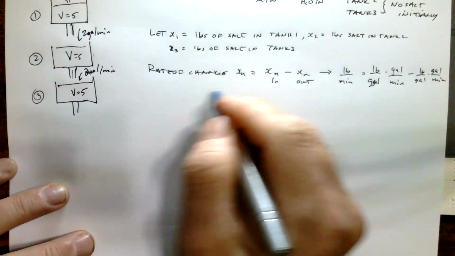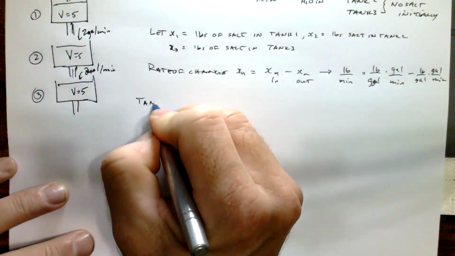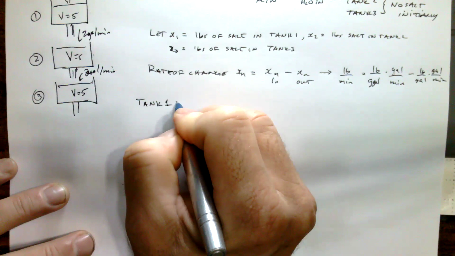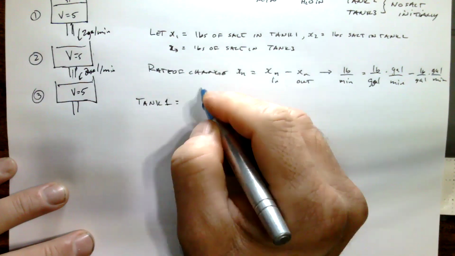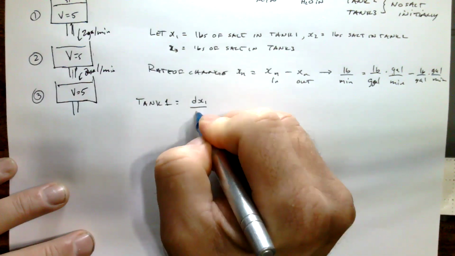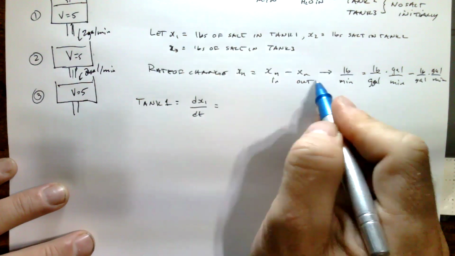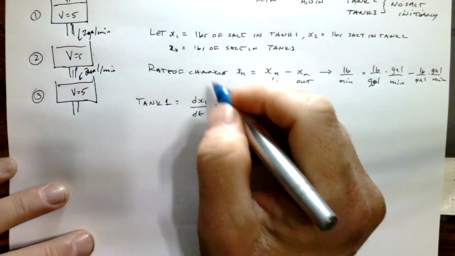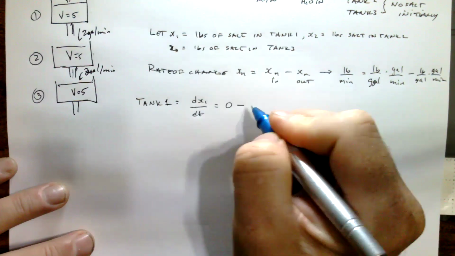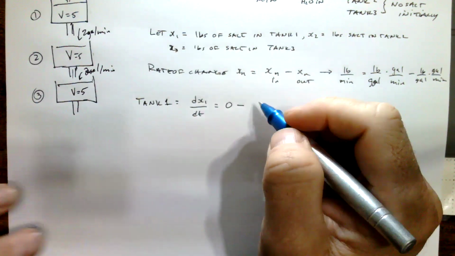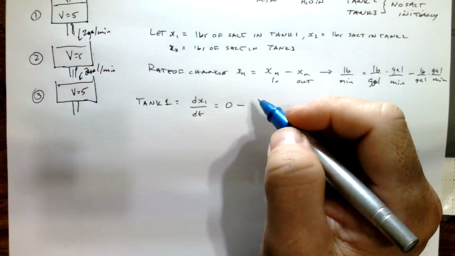Let's take a look in particular at tank 1. For this example, dx1/dt is the rate of change of the salt. There is no salt coming in. This is pure water coming in, so that's going to be 0 minus the rate of salt leaving.